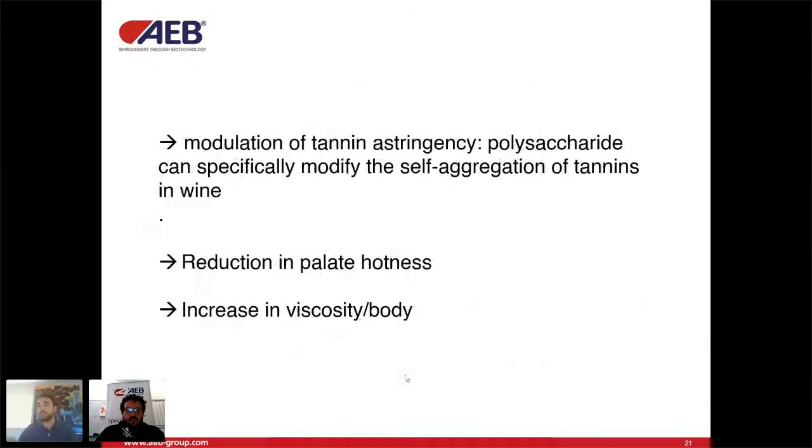In fact, the polysaccharides have been related to modulating the astringency. They modulate the astringency because they interact in the hydrolysis and condensation of tannin, modulating their interaction. They can reduce the sensation of hotness in very alcoholic wines, and they increase the viscosity and the body of the wines.